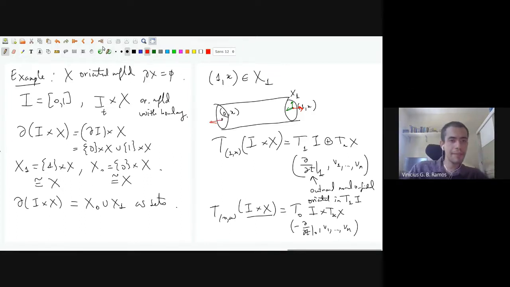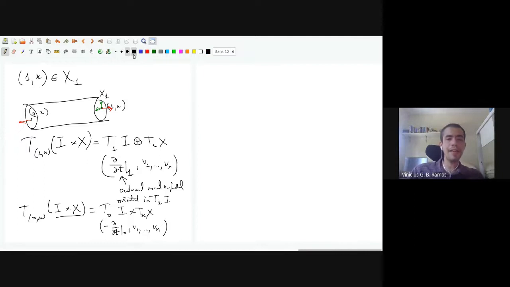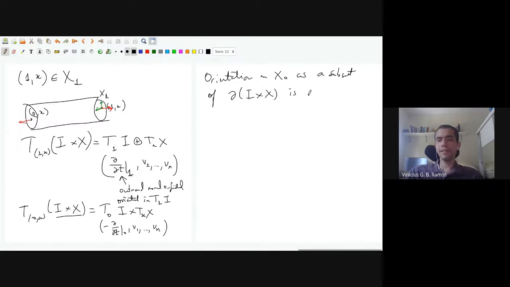So that means that the orientation on x0 as part of the boundary, as a subset of the boundary, the boundary orientation is different from the orientation of x0 that's induced by the diffeomorphism.